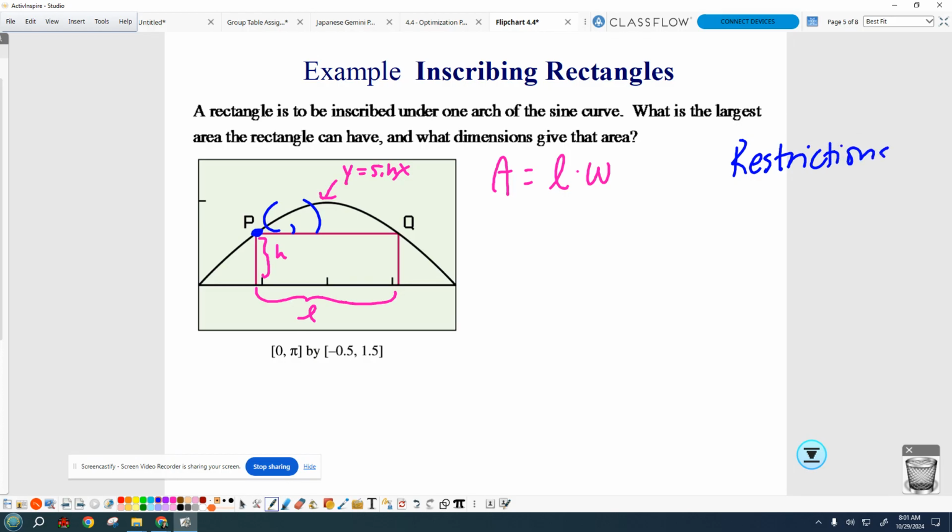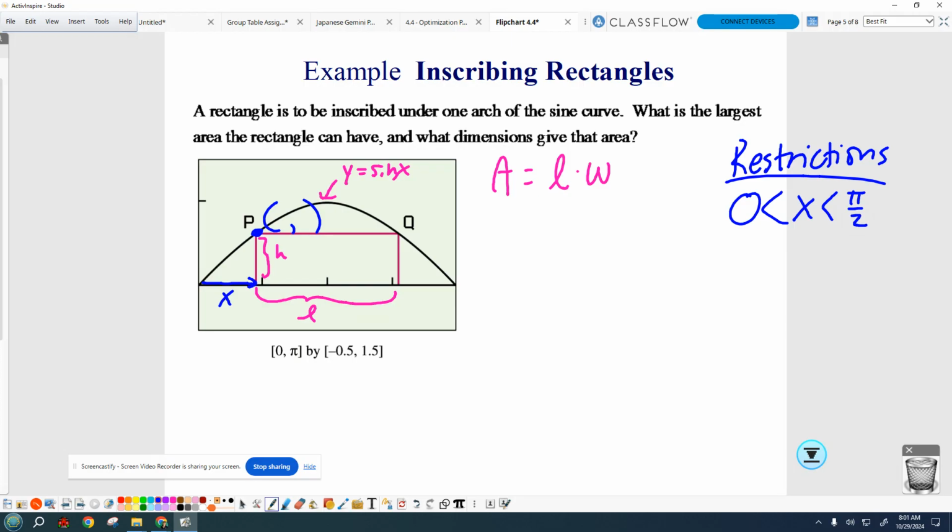Before we start, are there any restrictions? I'm going to call this thing X. How big can X be? Can X be 5? Can X be pi? It has to be less than pi over 2. Okay, I agree with you. X has to be less than pi over 2.